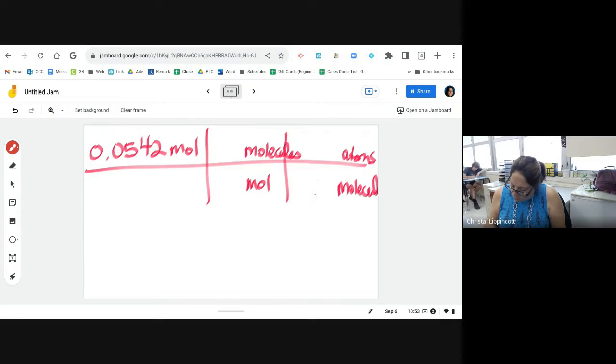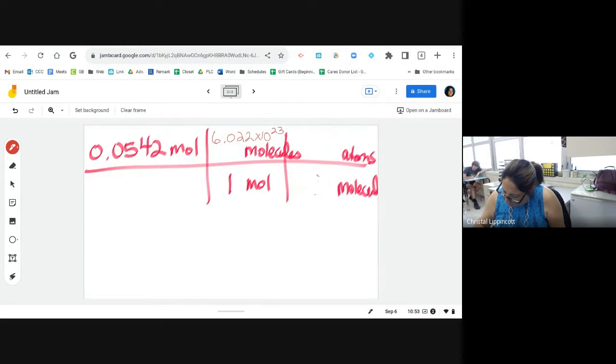Because I know in 1 mole, I have how many molecules? 6.022. Yep, 6.022 times 10 to the 23rd.